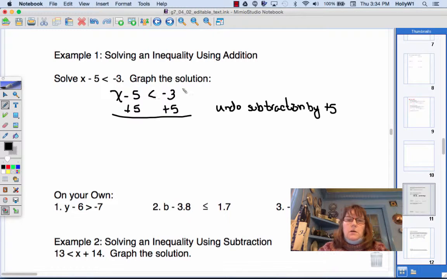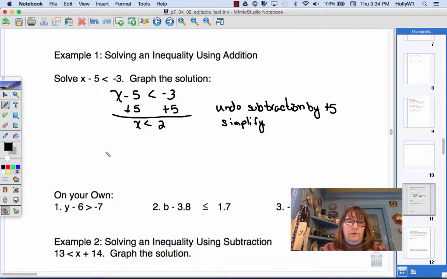Just like with an equality, if you do something to one side, you have to do it to the other. So if I take x subtract 5 plus 5, the subtract 5 and add 5 cancel out to 0, so we end up with x is less than 2. And this is our inequality. So we simplify.